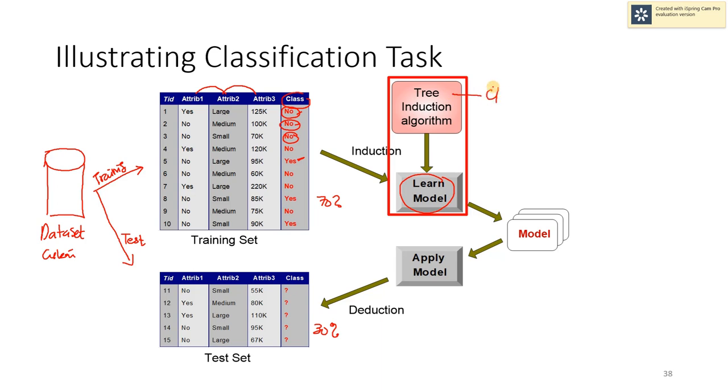Tree induction is one of the classification techniques that can be used. Then we will compare the models so that we can apply the best one to our test set. If we get the best parameters of the classification model, we will apply it to our test set.